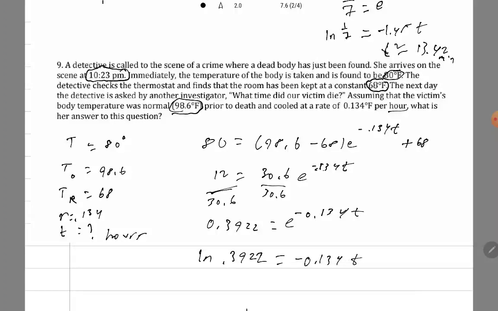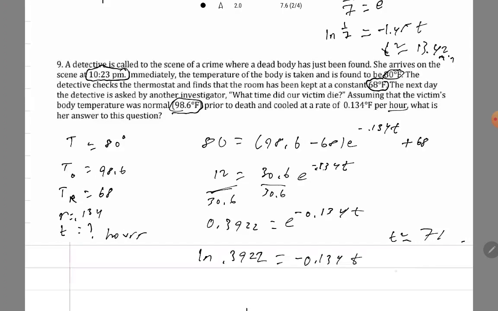Divide by that, and we'll get t is around 7 hours. So they looked at the victim at 10:23 p.m. So 7 hours ago would be 3 o'clock, 3:23 p.m. So about that time.